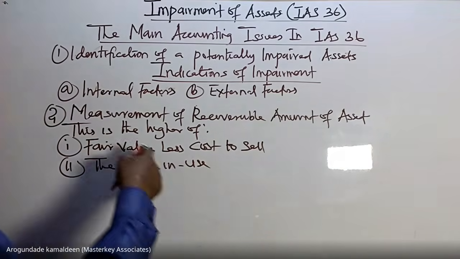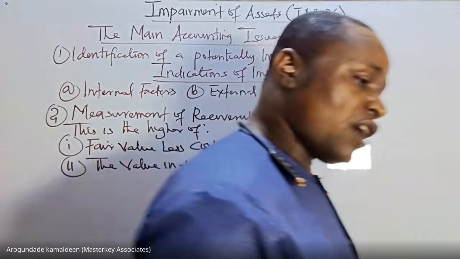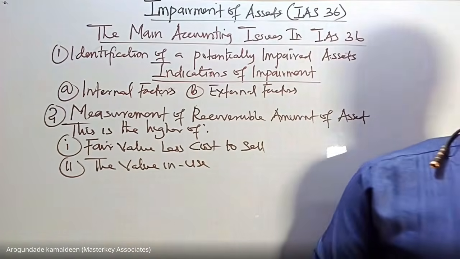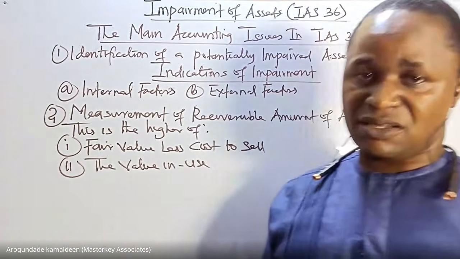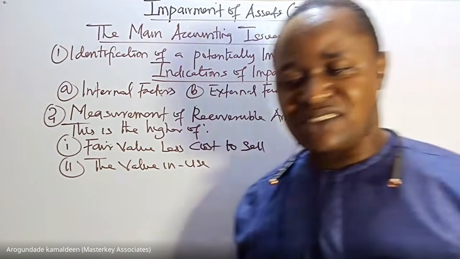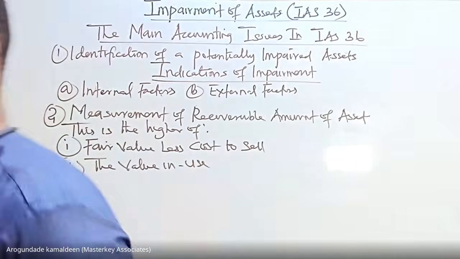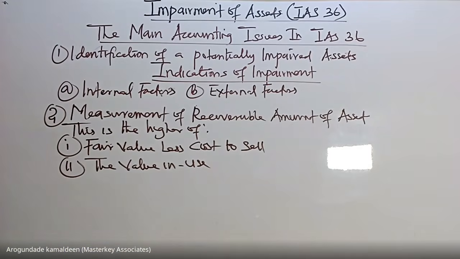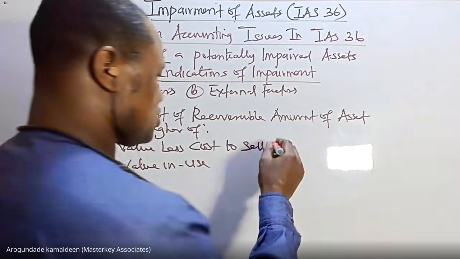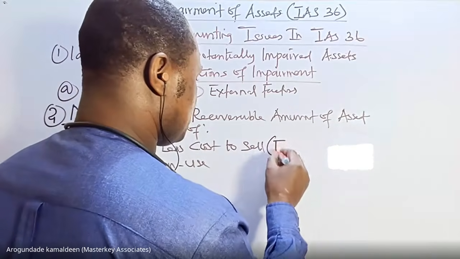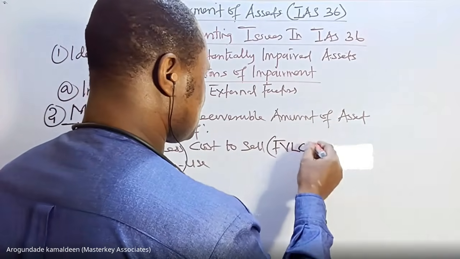Class, the higher of these two is what? The recoverable value. Next, when you are asked, what is recoverable value? According to IAS, it is the higher of the fair value less cost to sell and value in use. Calm down. Let me tell you about the fair value less cost to sell.